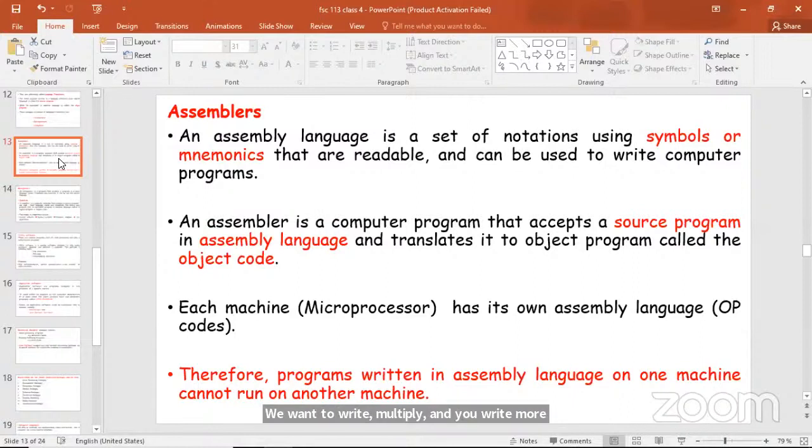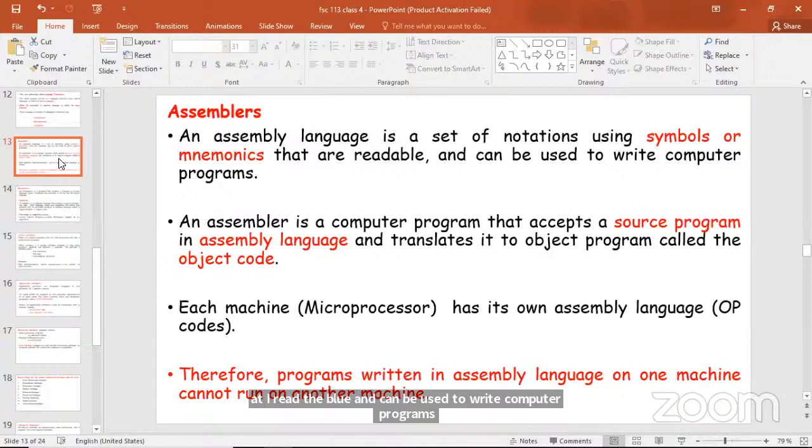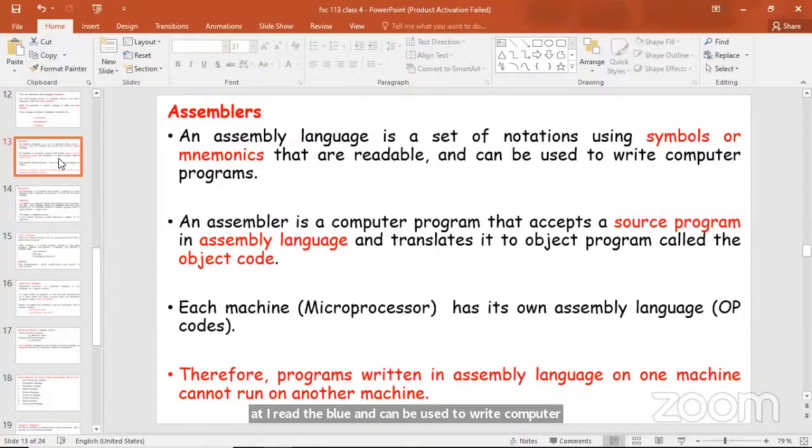So those are mnemonics that are readable and can be used to write computer programs.